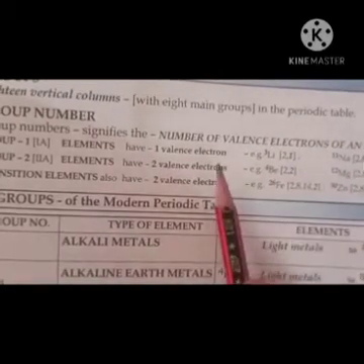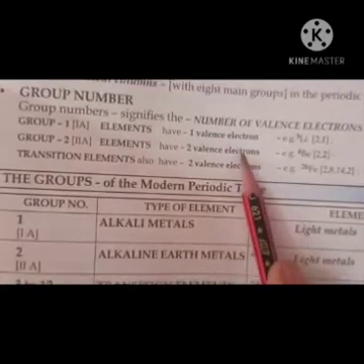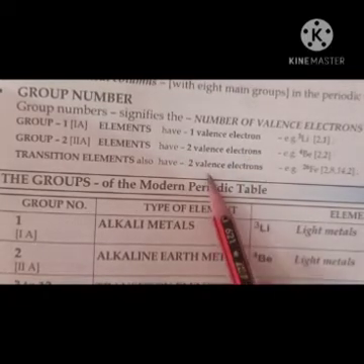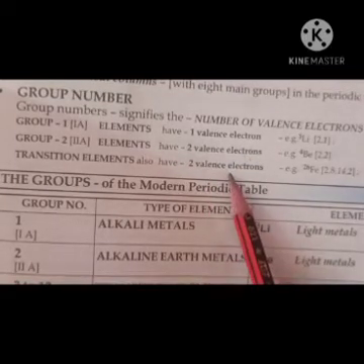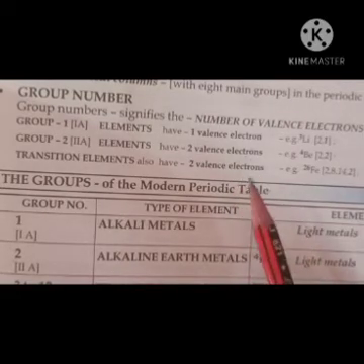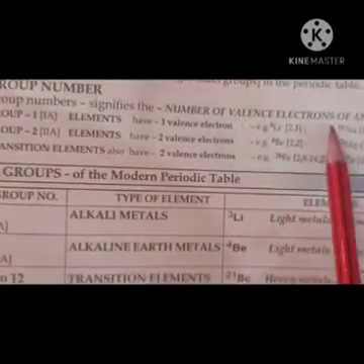If it belongs to the first group, its valence electron is 1. If any element belongs to the second group, its valency would be 2. If it belongs to 13, then 3. If 14, then 4. If 15, then 5. Then 16, valence electrons are 6. So the group number signifies the number of valence electrons.